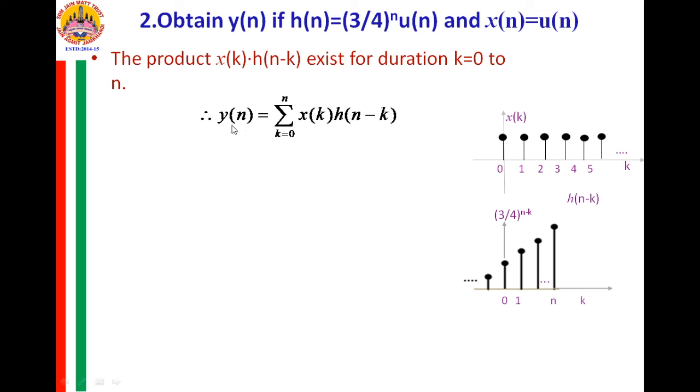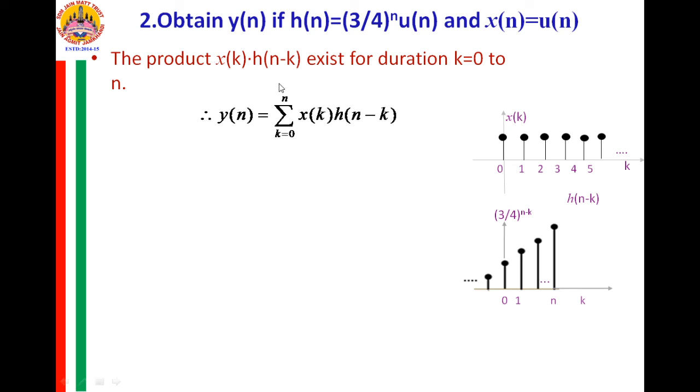So, we write y[n] is equal to summation k varying from 0 to n x[k] into h[n minus k]. So, n times if you shift this h[minus k] towards the right side, you observe that this h[n minus k] exists up to n and the product exists for the duration 0 to n.